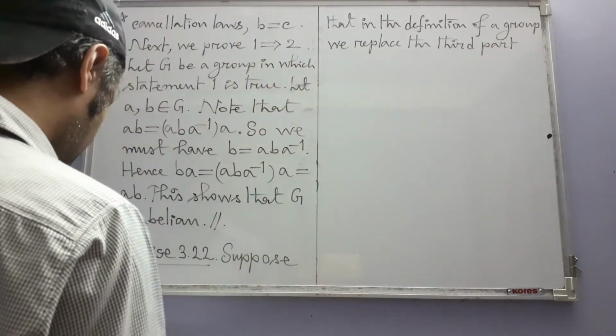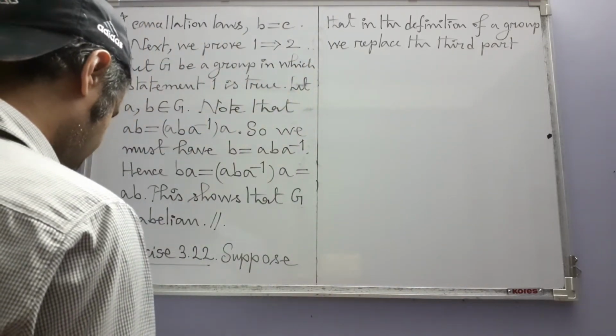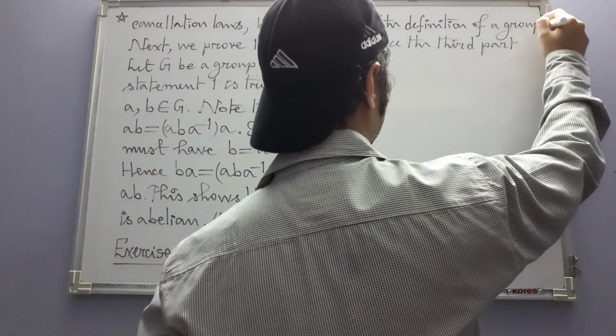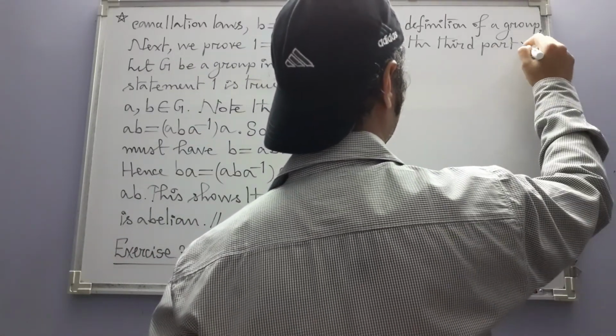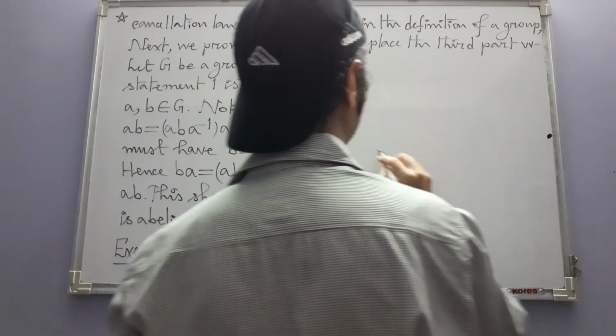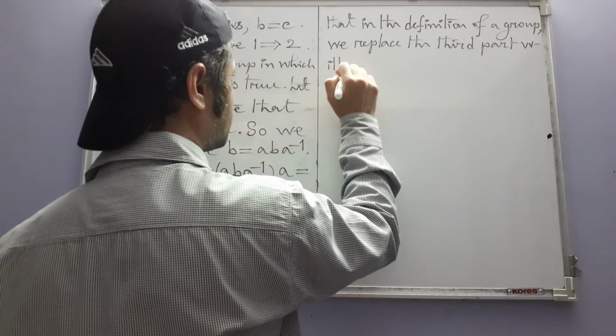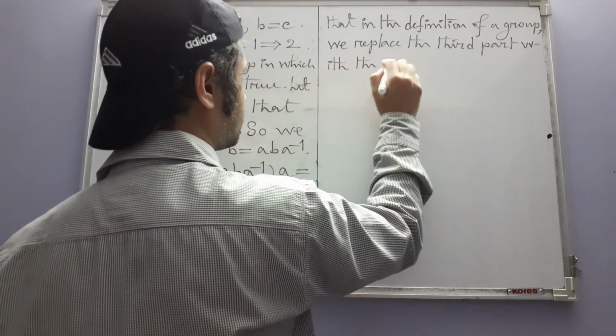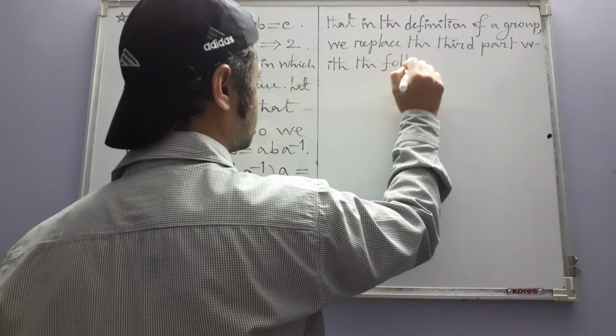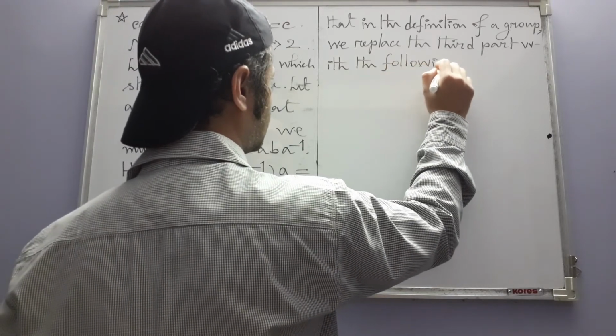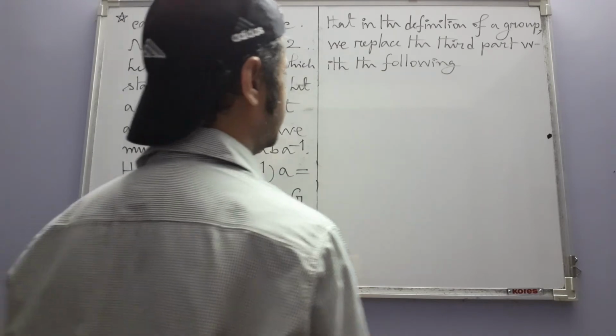Third part or third axiom. Third part he has written, okay. So the third one is existence of identity.